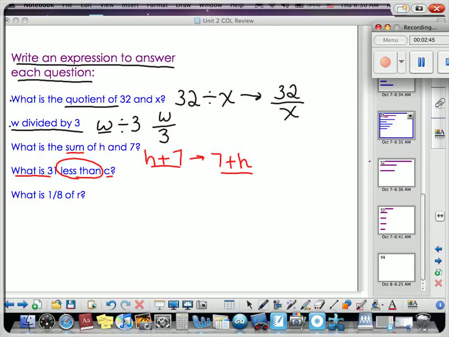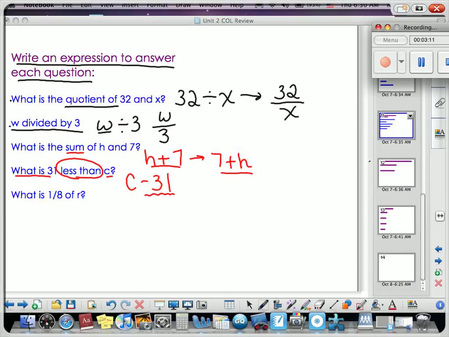Whenever you see one like this, my hint to you is put the variable first and then subtract 31. Because they're saying, what is 31 less than c? Okay, so just be careful about the wording there. Look at this example and know how to properly write subtraction problems.